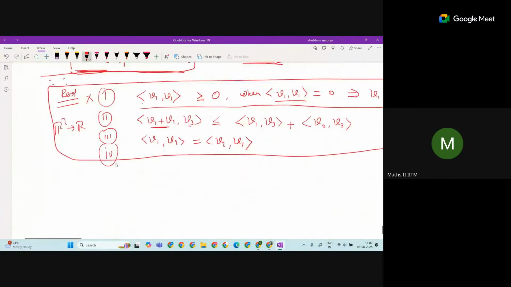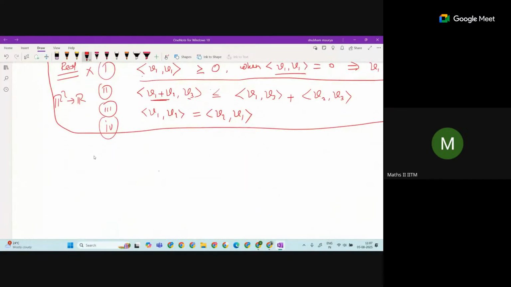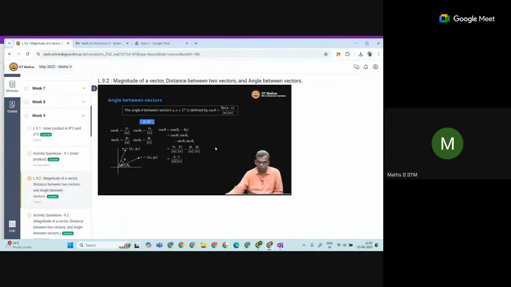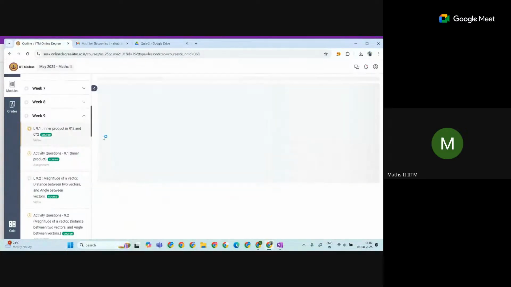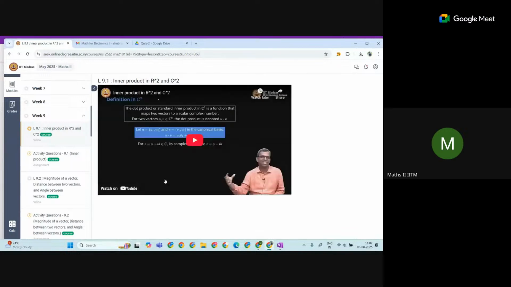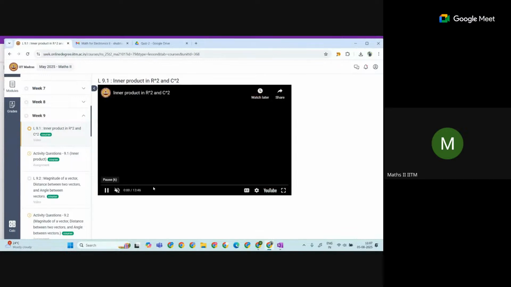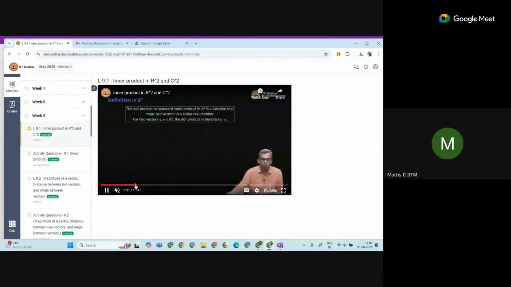Let me see how he is using the notation. I will be on the same notation, I don't want to make a different notation. So he is using dot only.